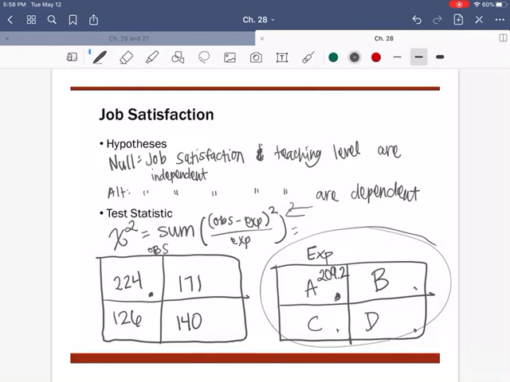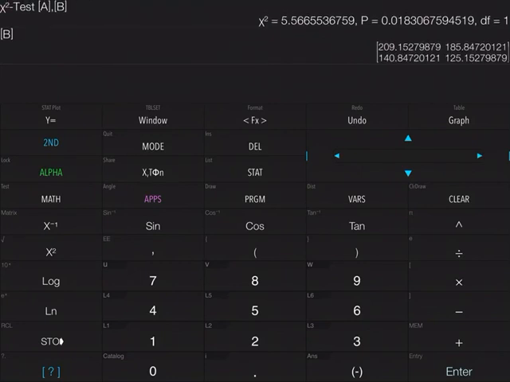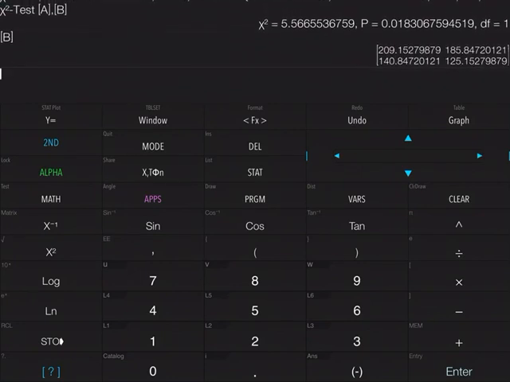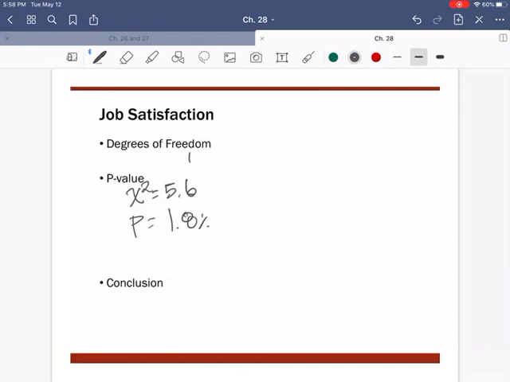And it shows us those numbers, 209.2, and so on. So if I had a question on the final that gave me a blank expected value table and asked, what is the value of the chi-square component? That's what each of these are called, chi-square components. For cell A, I can just look on my calculator. It tells us it's 209.2. Cell B is 185.8, cell C is 140.8, and cell D is 125.2.